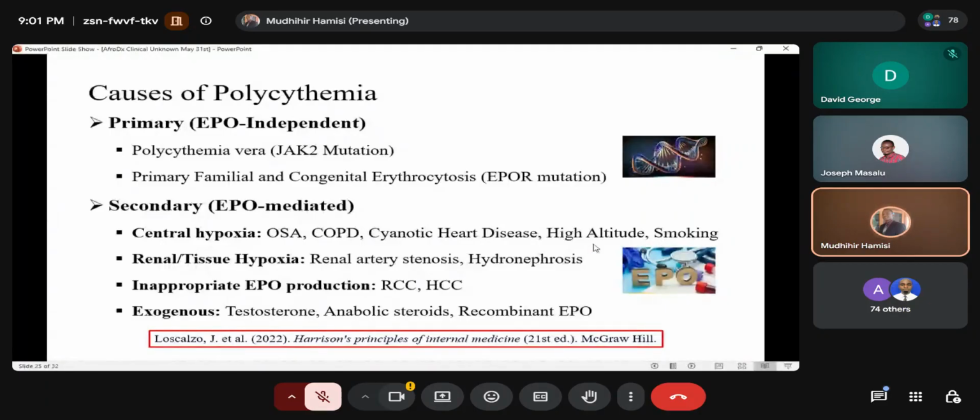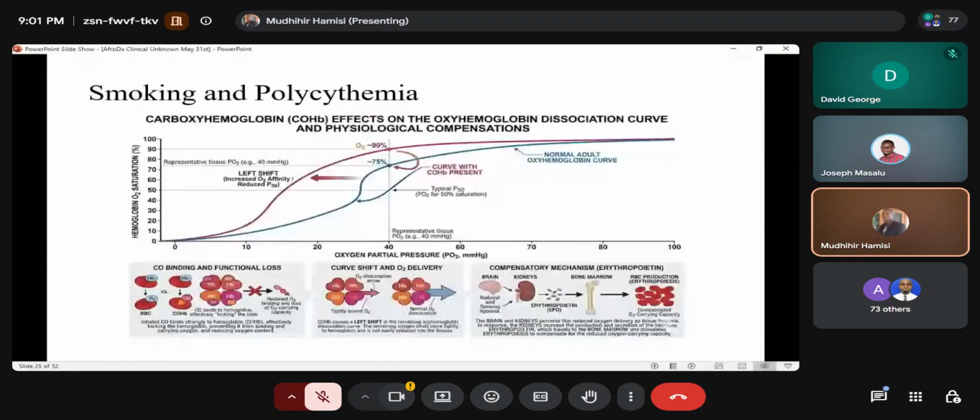The patient is a chronic smoker for almost 20 years now. He was smoking heavily. So how does smoking lead to polycythemia? As we know, when someone smokes, carbon monoxide is released, which tends to bind to hemoglobin, and carbon monoxide has a high affinity to hemoglobin. It's said to be about 200 to 250 times as compared to oxygen.